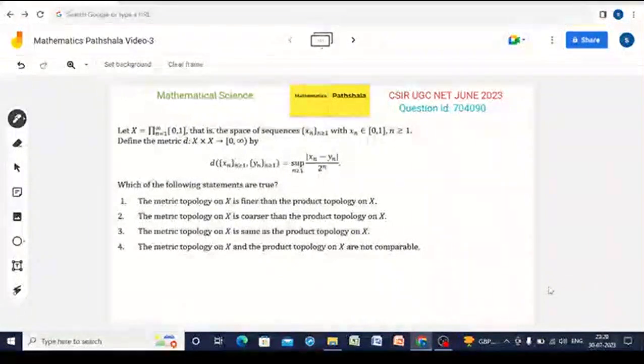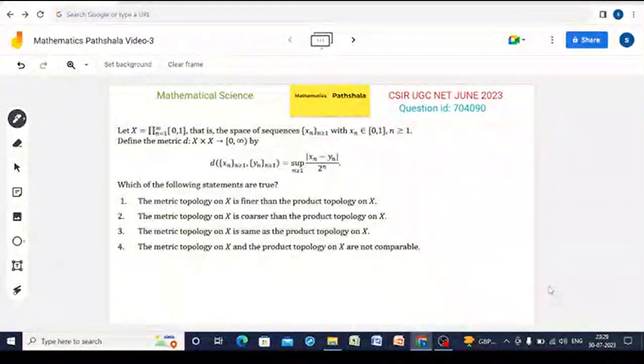Then which of the following statements are correct? Number 1, the metric topology on X is finer than the product topology on X. Number 2, the metric topology on X is coarser than the product topology on X. Number 3, the metric topology on X is the same as the product topology on X. And the last one, the metric topology on X and the product topology on X are not comparable.